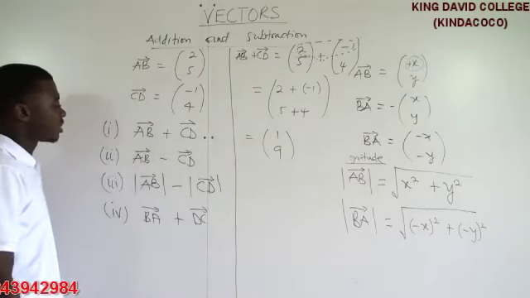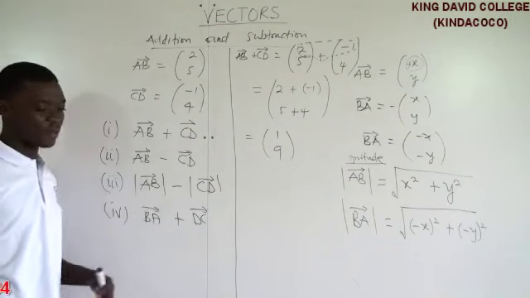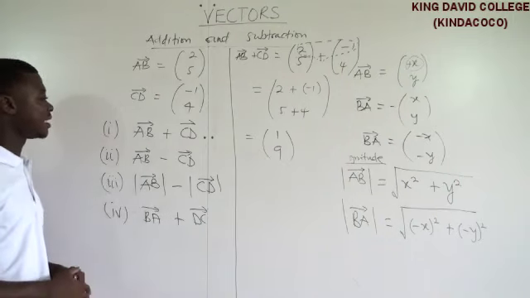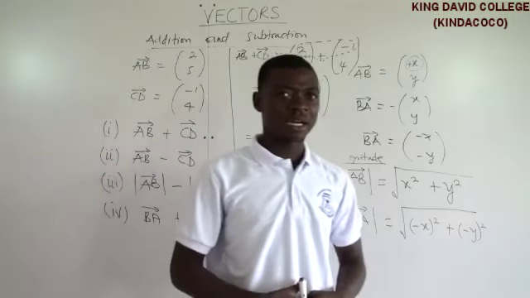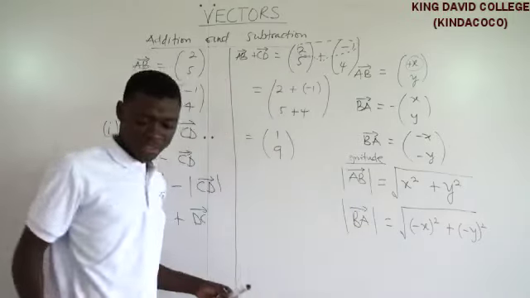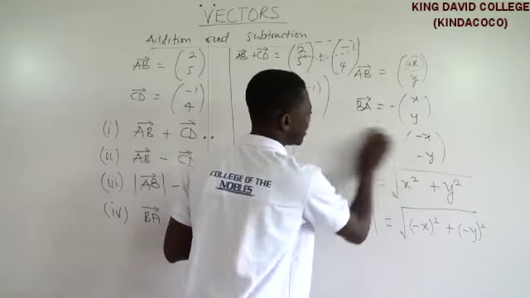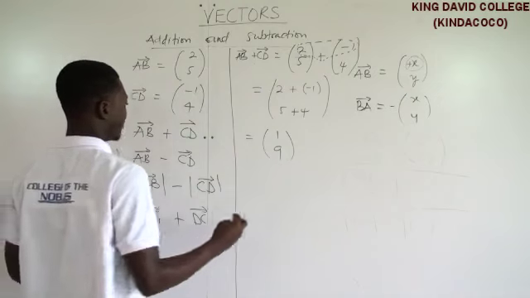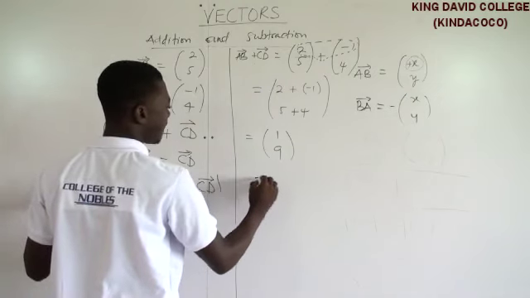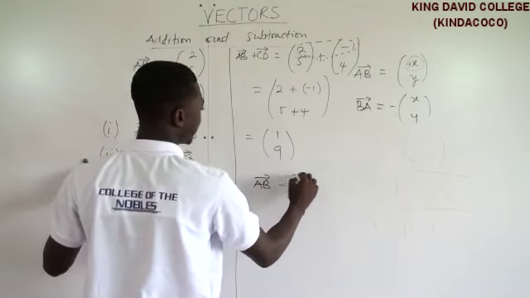Okay. Good. Now in the case of subtraction too, nothing changes. It just follows the same format, x's and then the y's. So this one, let me change this. Here we have to do AB minus CD.